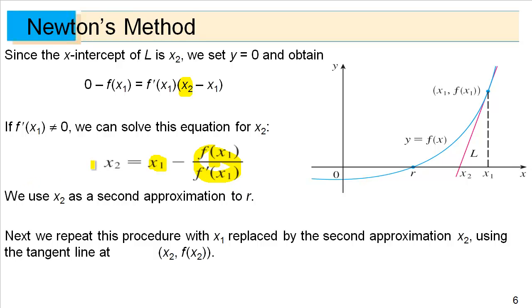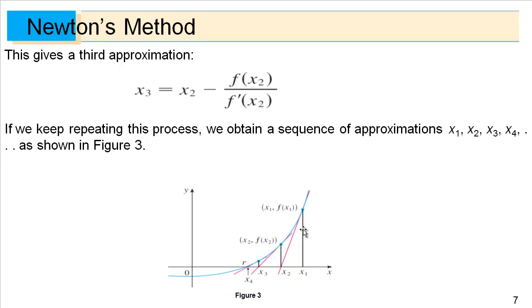So we use this approximation, whatever x2 is, which is defined this way, as our next guess, and then we repeat the process. You can see that x2 is defined in terms of x1, and then x3 is going to be defined in terms of x2, and it's just going to repeat that process. So here's how x3 looks, right? And then there's the picture down below with a much prettier version of lines than the one I did on the earlier slide.